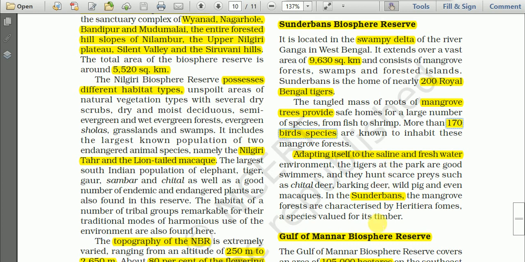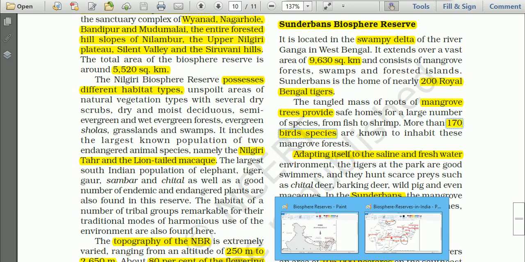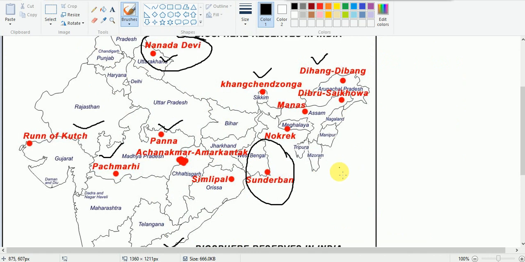Yesterday also I have shown the photograph of mangrove forest. Actually here this is the stem, this is the crown, and these are the roots. Here in between the roots different small species of animals and insects are found.